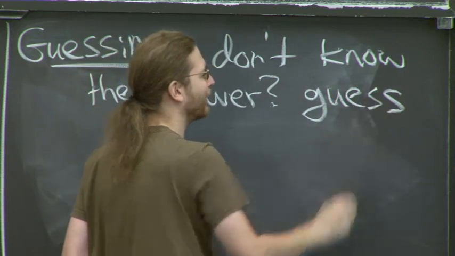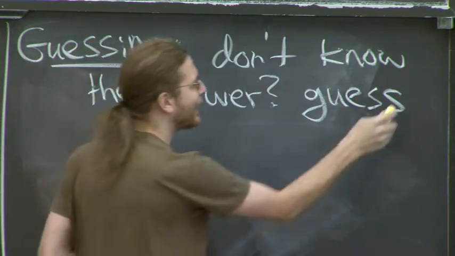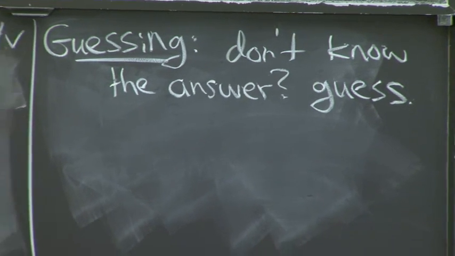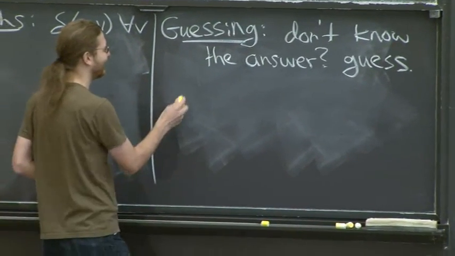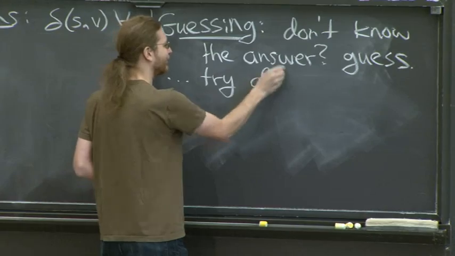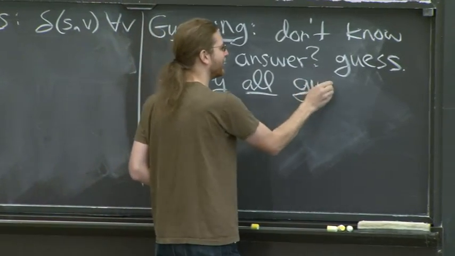The algorithmic concept is don't just try any guess, try them all. Also pretty simple. I said dynamic programming was simple, OK? Try all guesses.